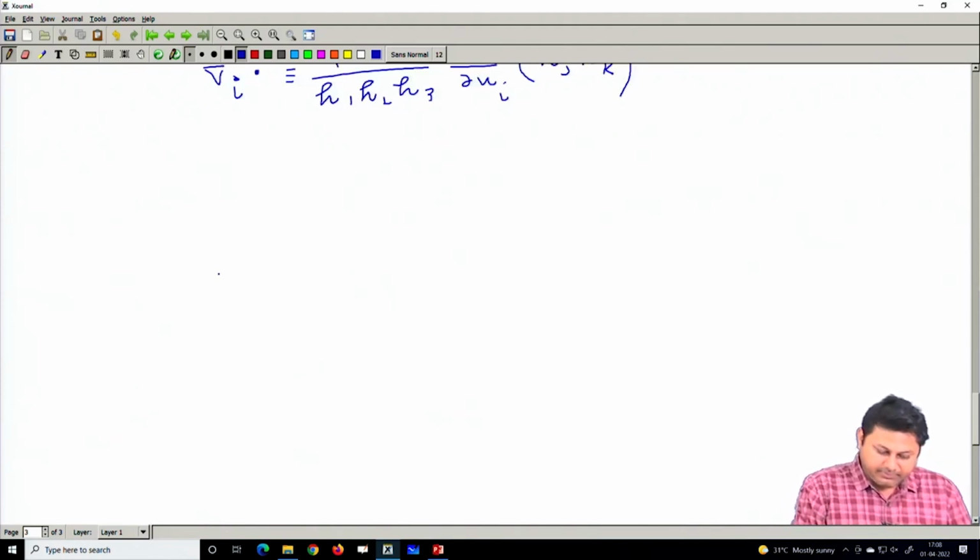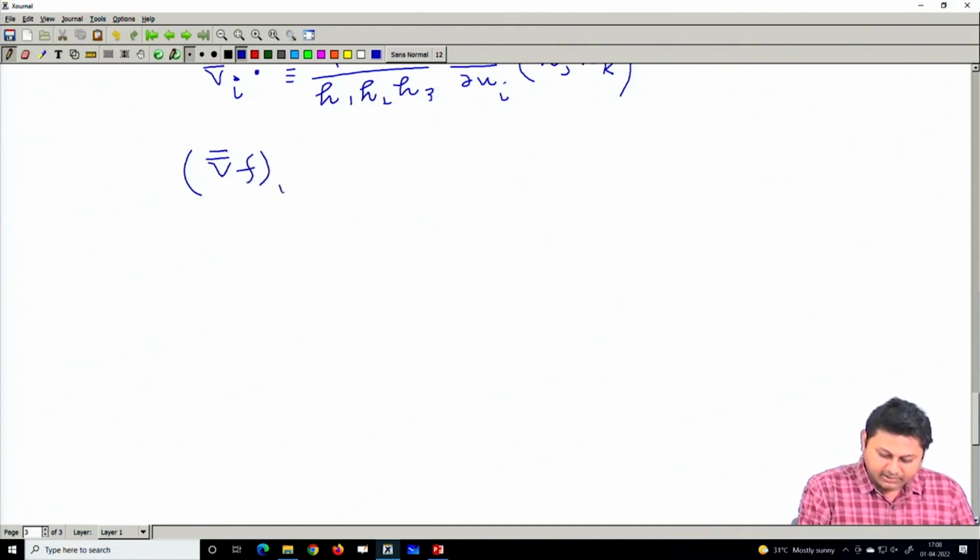Now, if I find out the form of the gradient of the ith element, then it should be 1 divided by h i of del f over del u i.